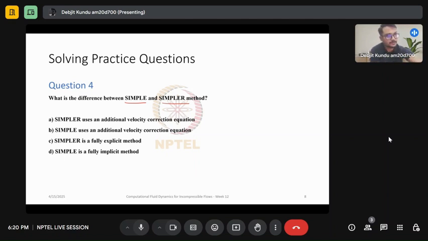Let's take a look at the solution. It's actually option A, that SIMPLER uses an additional velocity correction equation. This method is faster than the SIMPLE method.